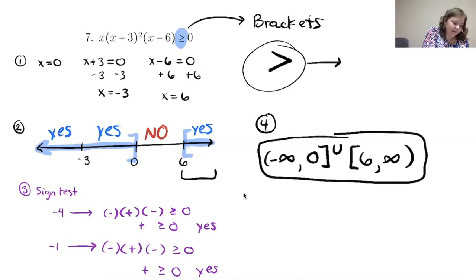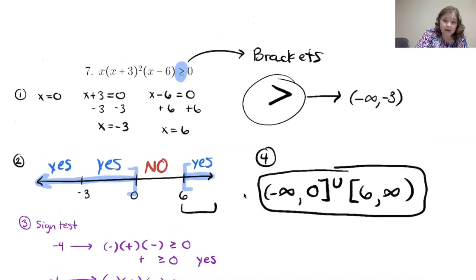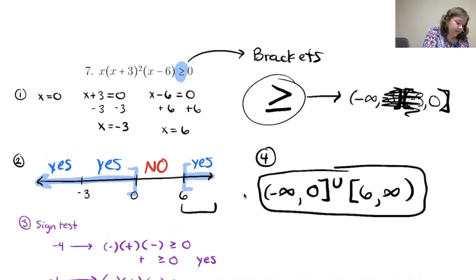So if that was the case, we would do the -infinity to -3, which would get a parentheses, and then -3 to 0, which would get parentheses. But since we have the inequality sign being inclusive, we would have brackets for all of those, which means we would just power through, and then this whole break here would not be necessary.